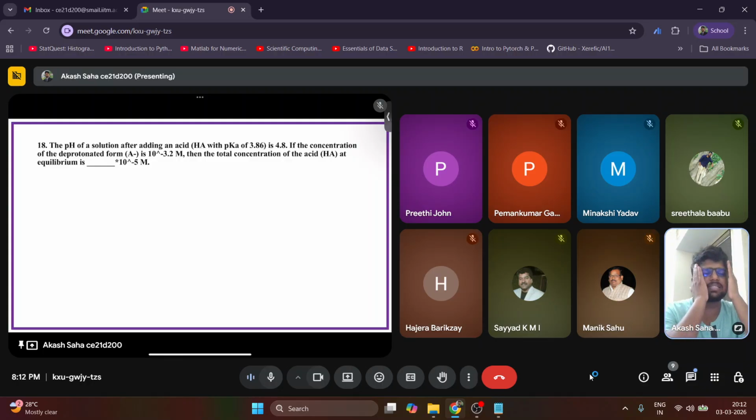Generally any acid we denote as HA. Acids are proton donors, so HA will separate as H plus and A minus, where A minus is the deprotonated form.